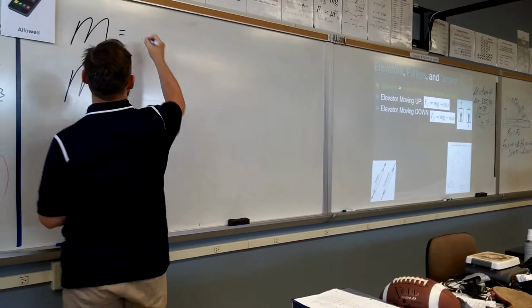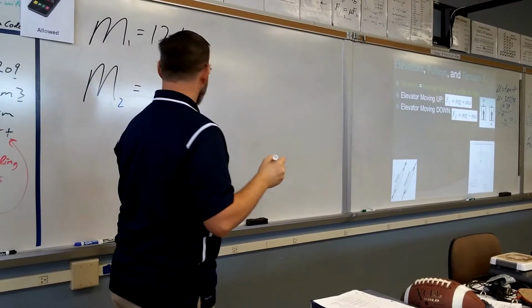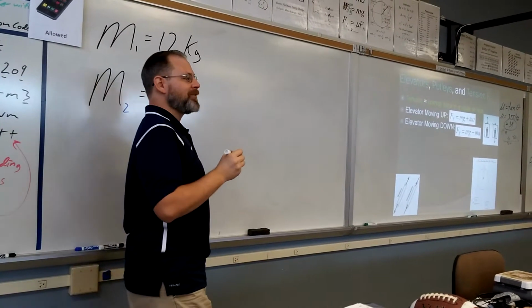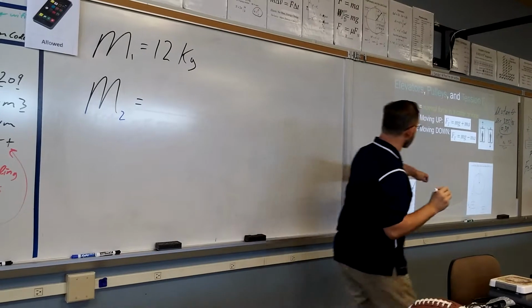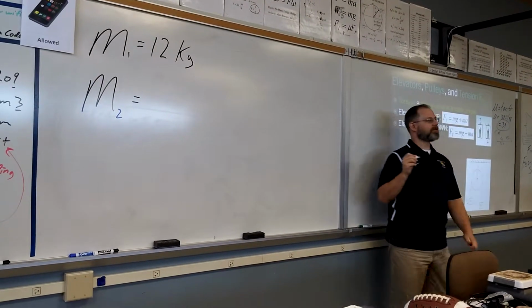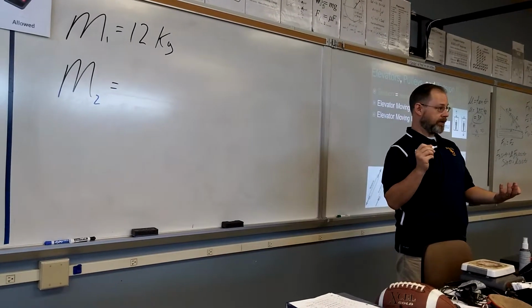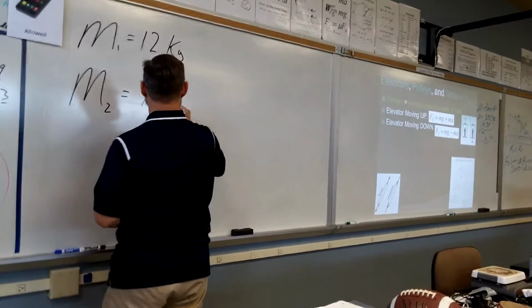Okay, it's 12 kilograms. It's an elevator for mice. And what's the mass of mass 2? Realizing that mass 1 is going to go down. 6? 8? Split it in half, 7. Okay, so 7 kilograms. All right.